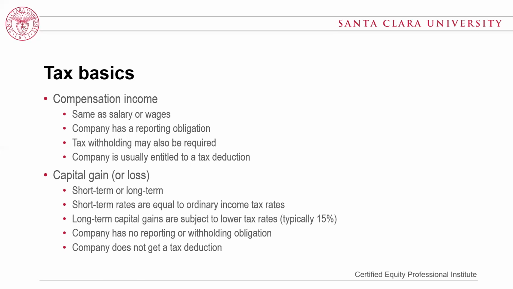For example, when an employee sells the shares of restricted stock we were just talking about, the employee will have a capital gain if the stock price has gone up since vesting, or a capital loss if the price has dropped. Capital gains and losses can be either short-term or long-term, depending on how long the asset or the share was held and whether or not it's been held for more than 1 year.